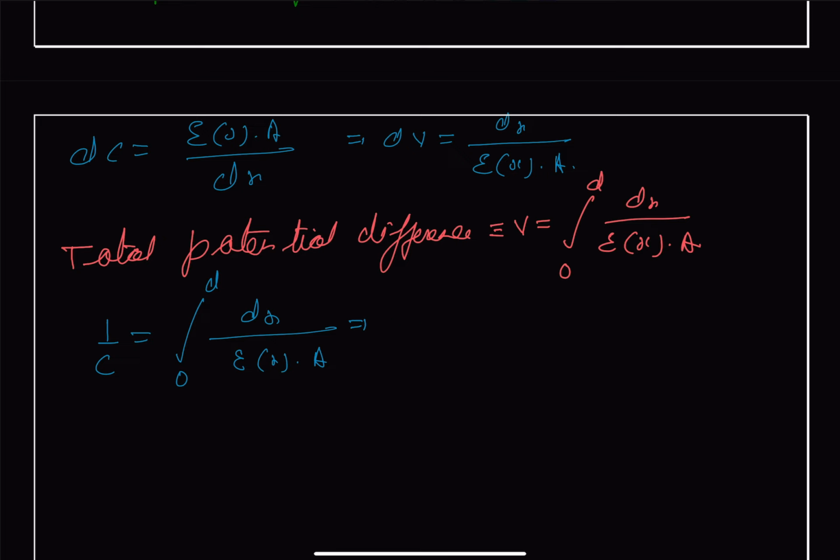Now our permittivity has two different profiles, so accordingly we change the limits of integration.